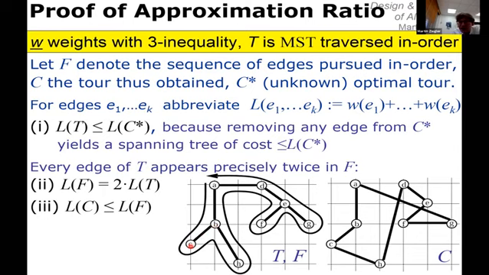In capital F, one would go back, traverse this edge a second time, and then go here, traverse this edge a first time. Whereas the output of Christofides algorithm would take this shortcut, avoiding visiting B a second time, instead going directly from C to H.